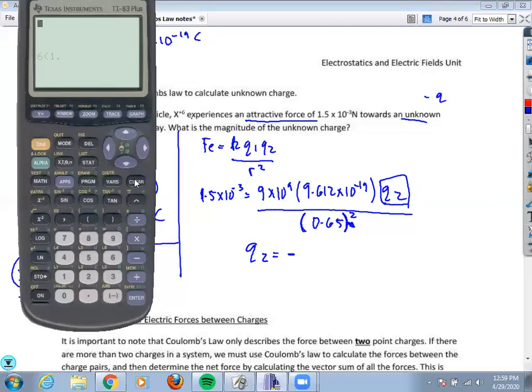Okay, so we'll take 1.5 times 10 to the power of negative 3 times 0.65 squared and divide by 9 times 10 to the power of 9 times 9.612 times 10 to the power of negative 19. And we should get our Q2, okay?